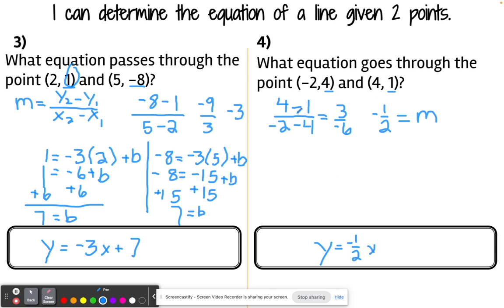Either way, so I use this one. 4 equals negative 1/2 times x, which is negative 2, plus b.